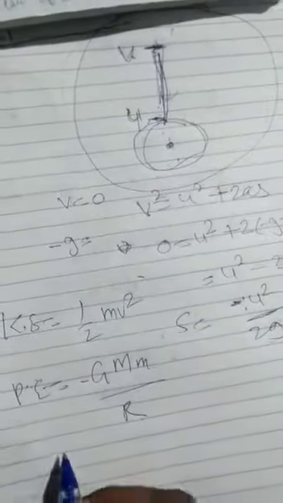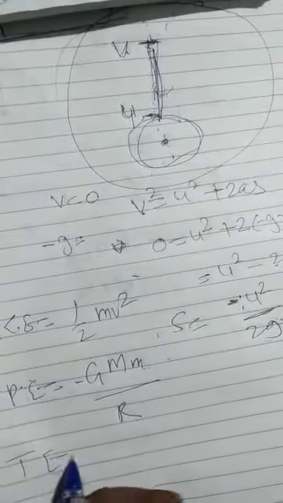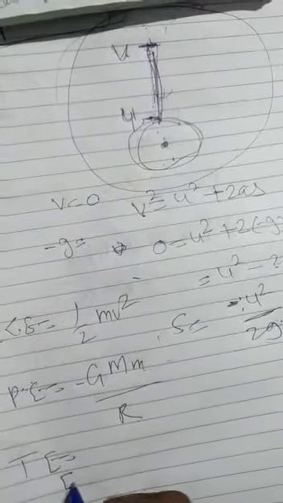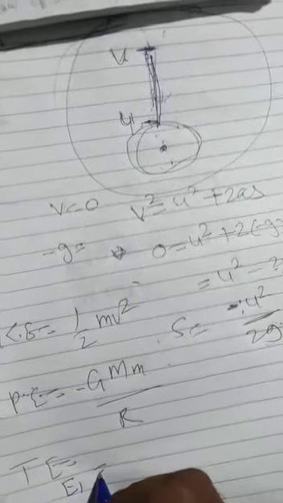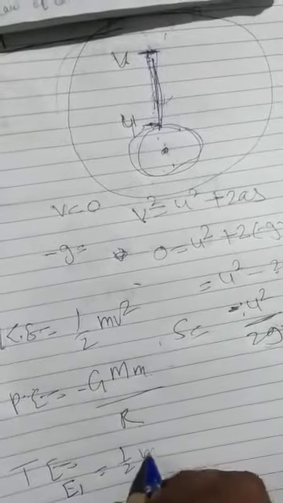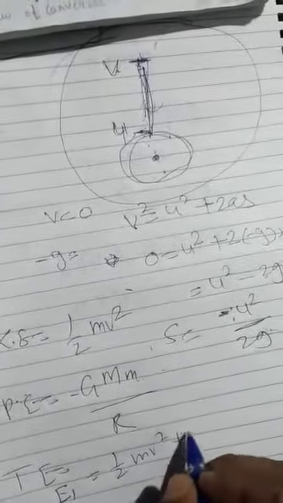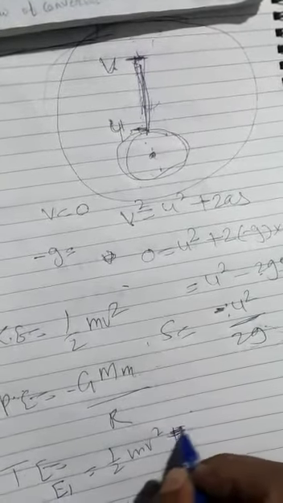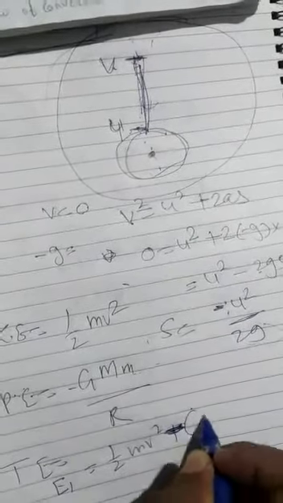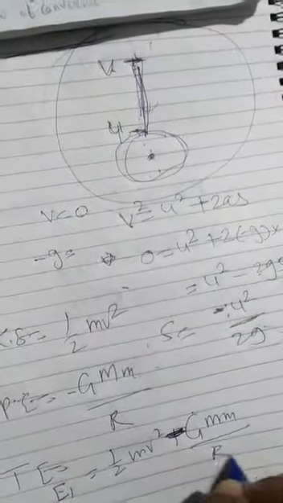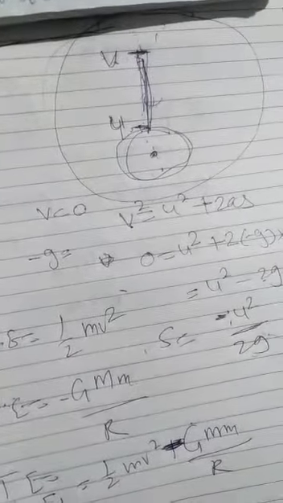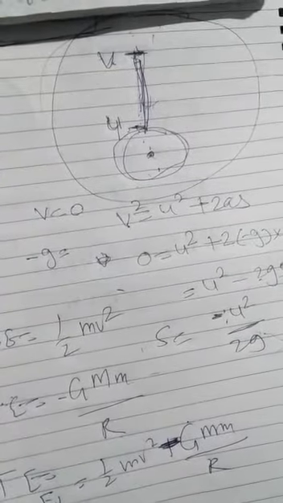Therefore total energy E1 is equal to kinetic energy plus potential energy: half mv square minus GMm upon r.